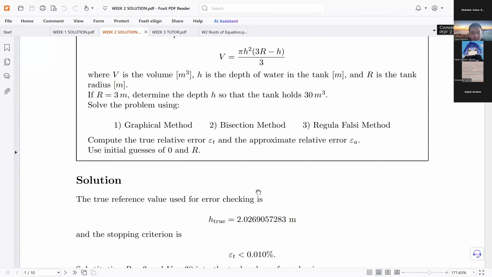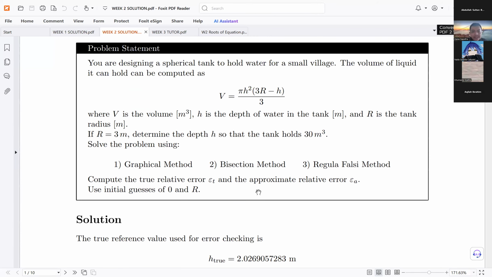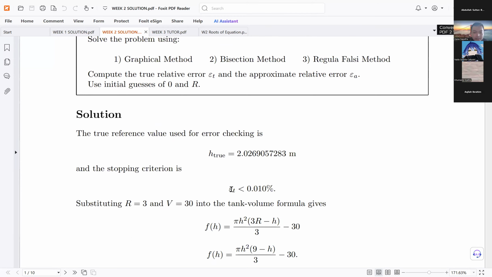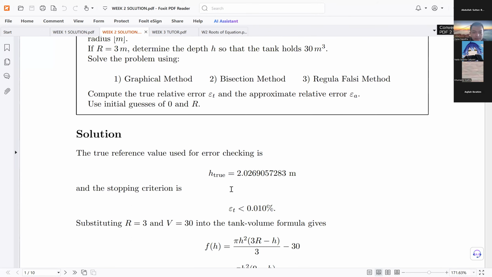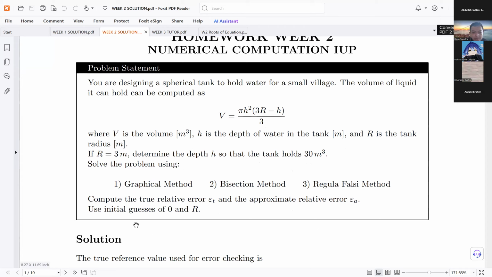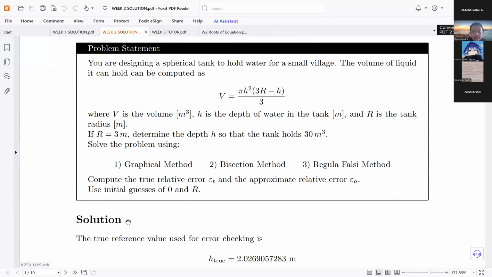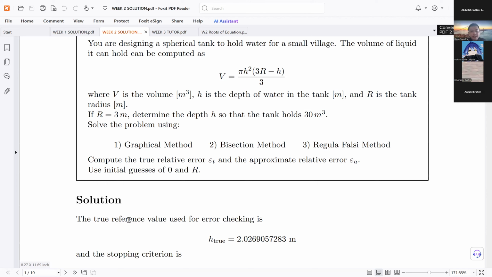Okay. From what I see from your submissions, I think most of you did not define the stopping criteria. It's fine if you assume it by yourself, like I use the same stopping criteria as the first week quiz.